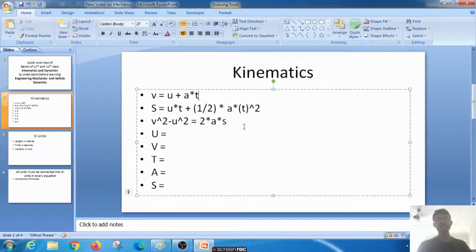So in kinematics there are three equations, like I said, where u is the initial velocity, right? This is a small u. Notation is also very, very important.